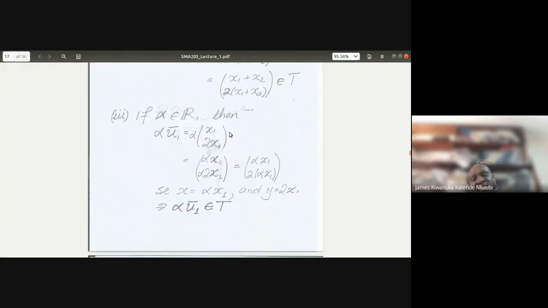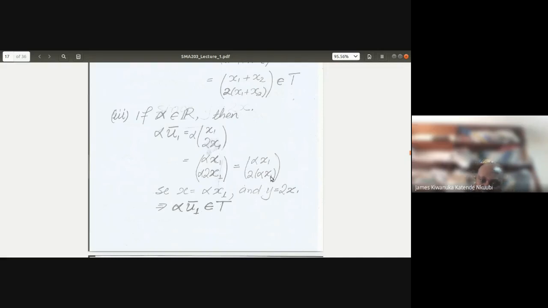So the last property is that if you pick any scalar and multiply it by a vector in T, we need to show that we will also get another vector in T. So we proceed to do that exactly with the vector u1. We multiply it by alpha to get alpha x1 in the first component and alpha 2 x1 in the second component. This can all be rearranged as alpha x1, and then the second component is 2 multiplied by alpha x1.